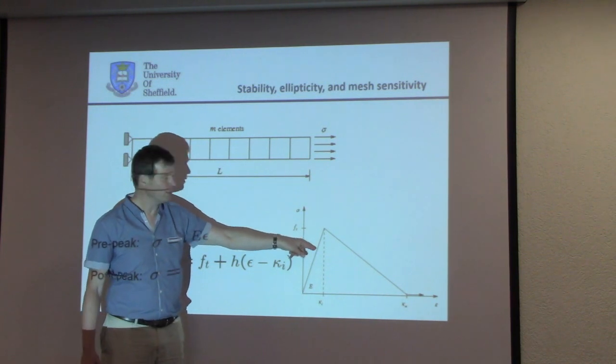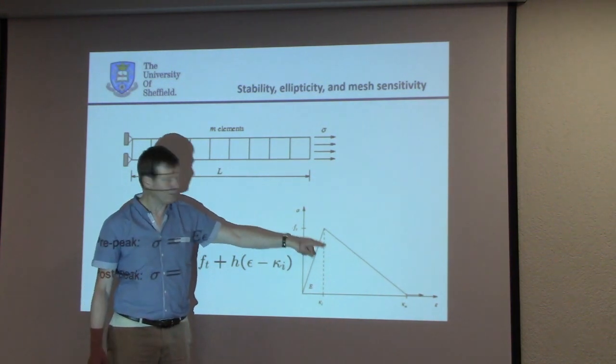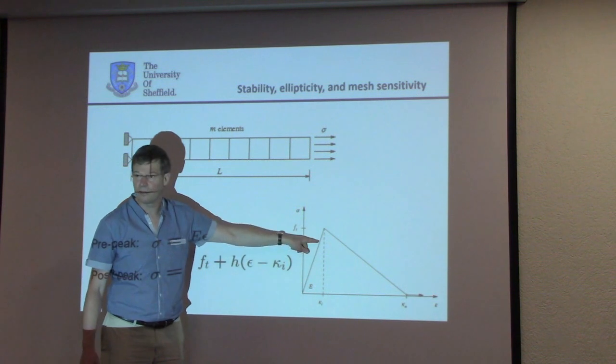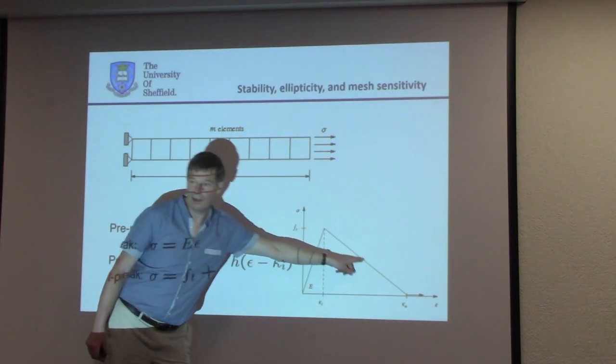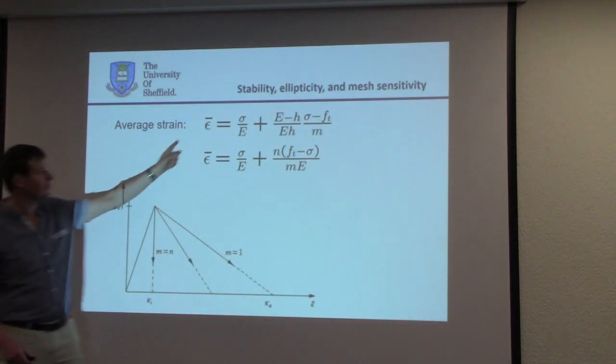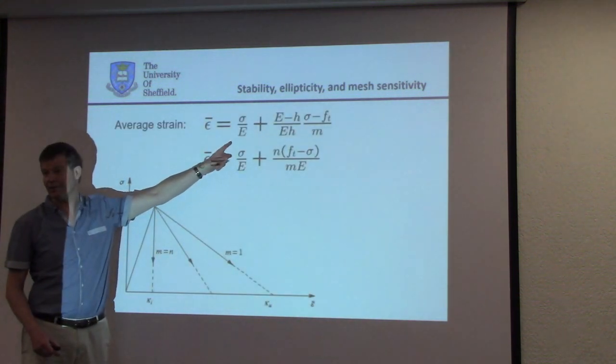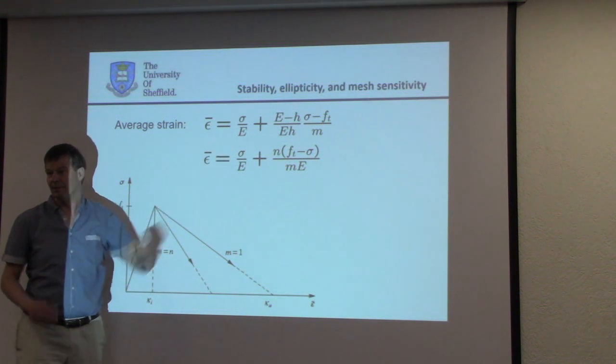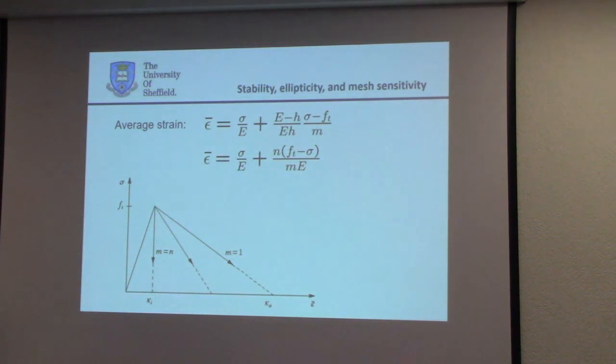So the total solution is m minus 1 times this solution plus 1 times this solution, and if you then elaborate that a bit, you get this solution. So the crucial point is you must have an imperfection and you must include stress continuity here.